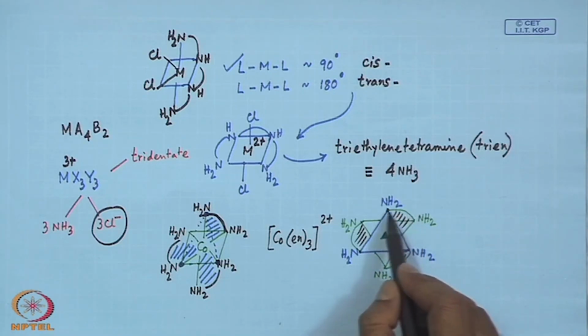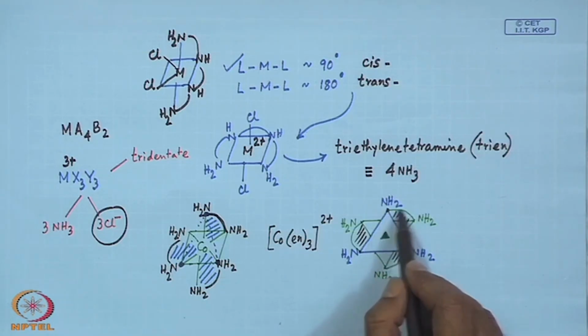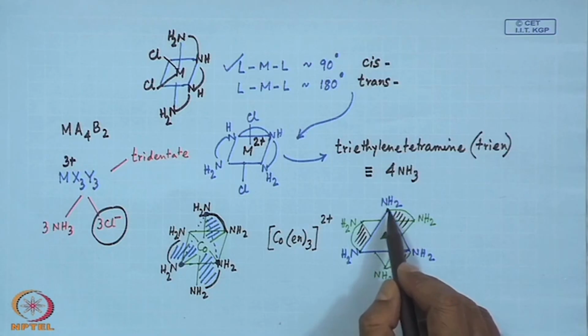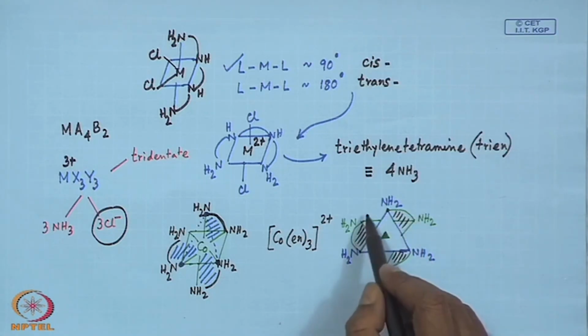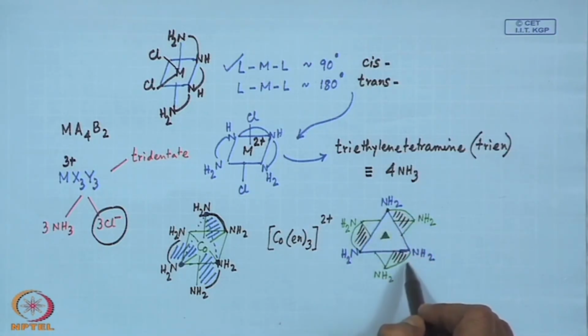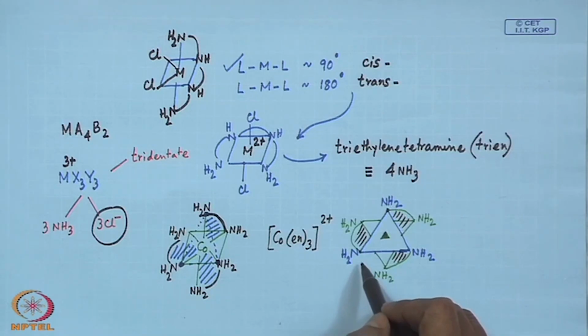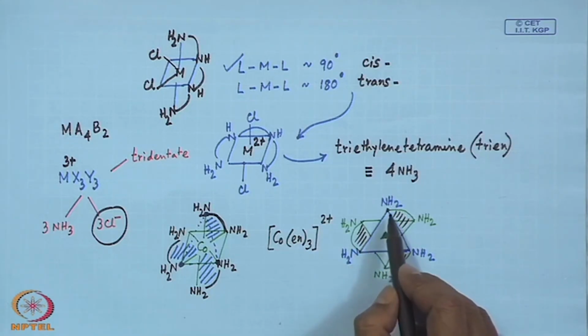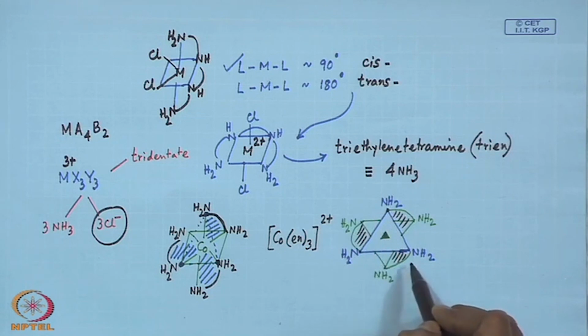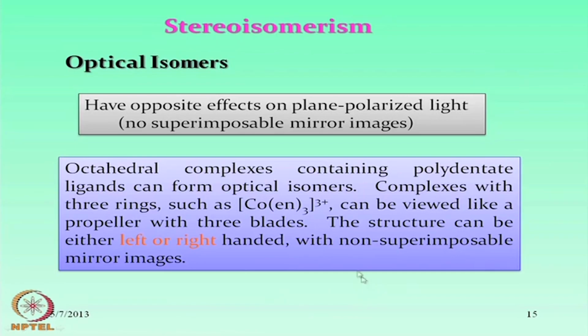So when the three bidentate chelate rings are bound to the metal center, we get three propeller blades, and the orientation of these propeller blades can either be clockwise or anti-clockwise. So that gives rise to two different types of arrangements.